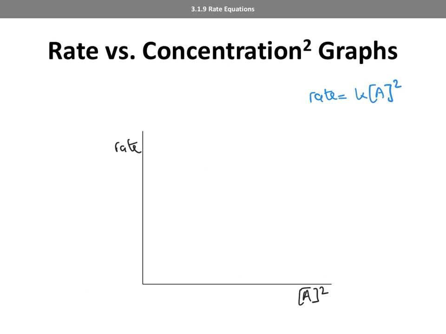If we remove K, then we're saying that rate is proportional to A squared. Well, our axes are rate and A squared. So that means our line, if it's just simply proportional, is going to be a straight line like that. Because again, if the concentration of A is 0, then the rate will be 0. So this would be the shape of a rate versus concentration squared graph if the reaction was second order with respect to A.